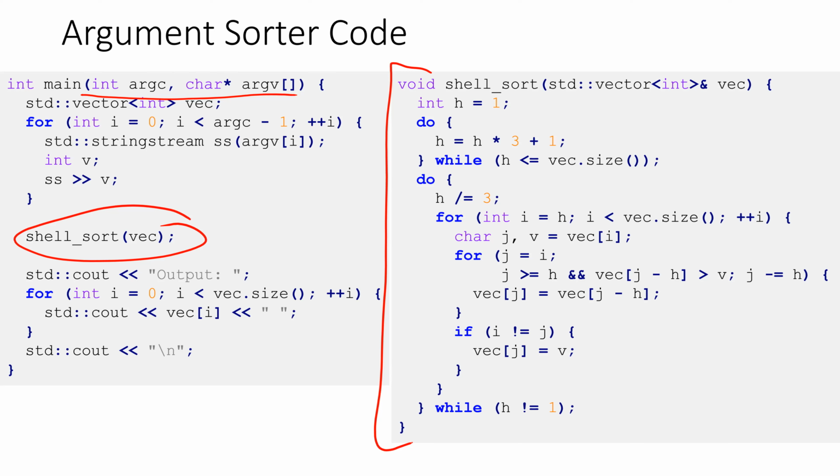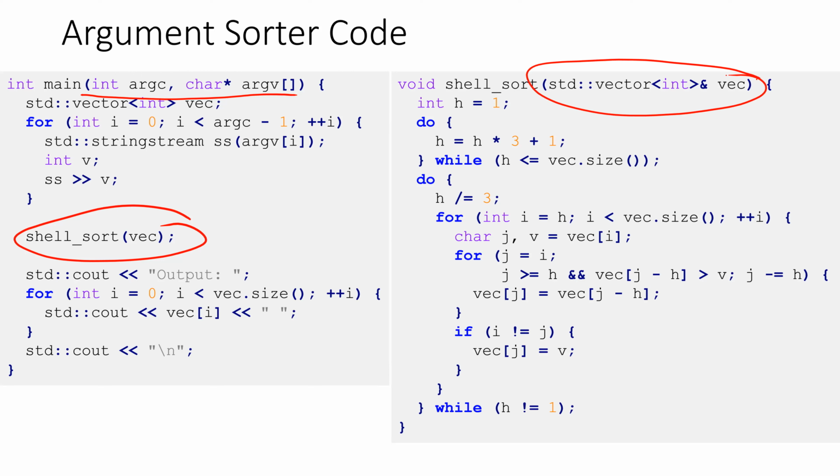Quicksort divides things in 2, but this one divides them in 3, just to be unique. You can see that whoever wrote this didn't like long variable names, so it's a little annoying that the variable names are pretty short. That sorts this vector of integers that was passed in, and then we print it out.